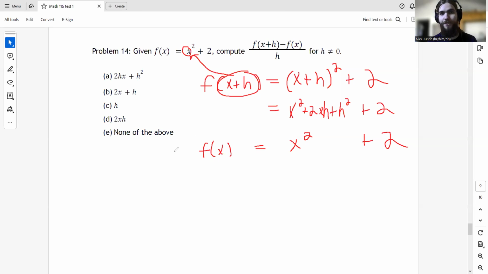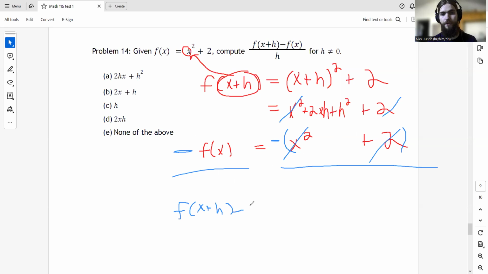If we subtract these off, the x squareds cancel out and the 2's cancel out. So f of x plus h minus f of x is equal to just what's left over: 2xh plus h squared.